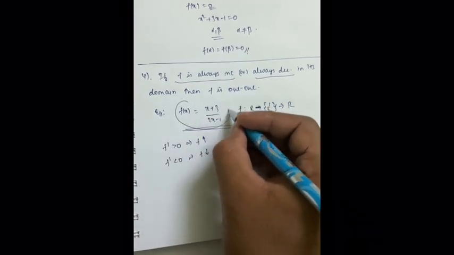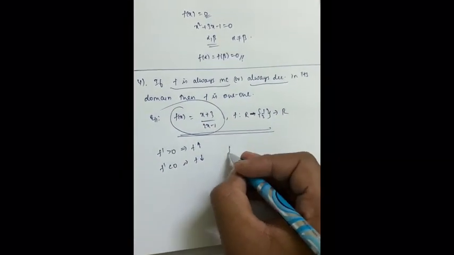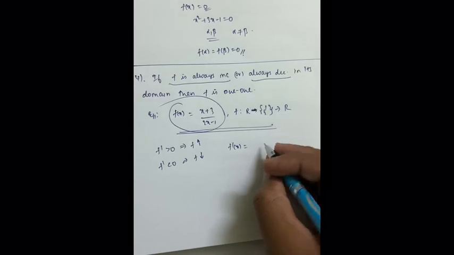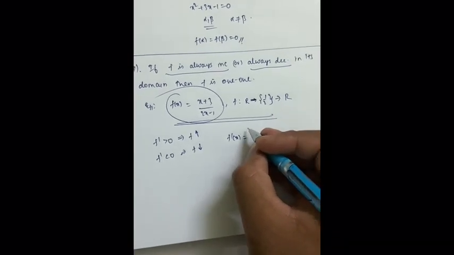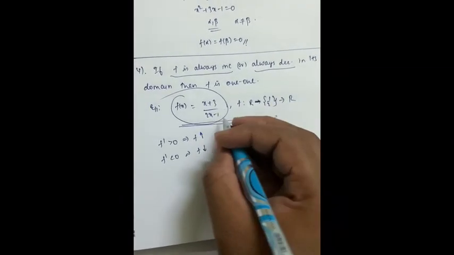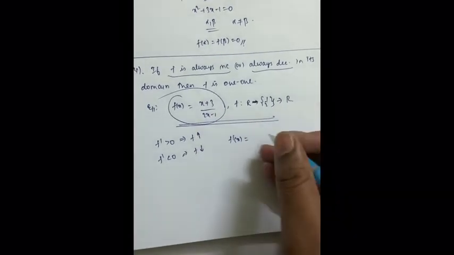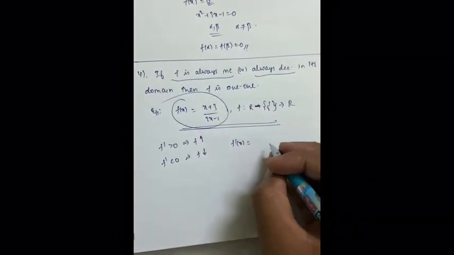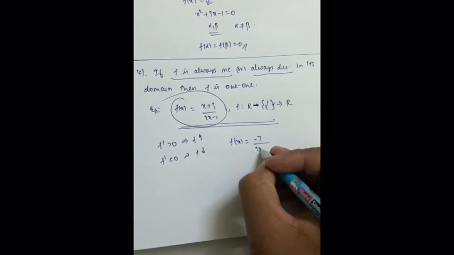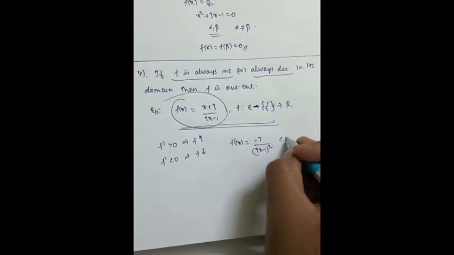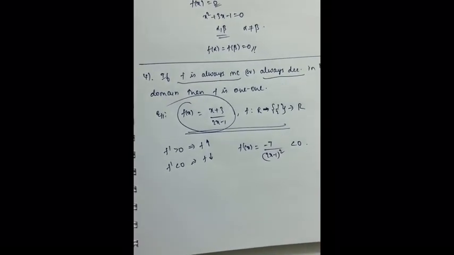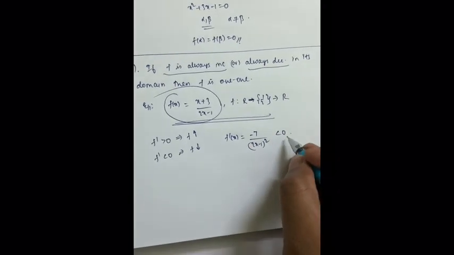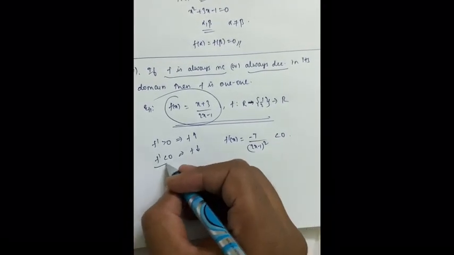So here in this question, if I do f dash of x, using u dash v minus u v dash, because it is of the form ax plus b by cx plus d, the derivative is minus 7 by 2x minus 1 whole square, which is always negative, correct? So f dash is always negative, so the function is always decreasing.